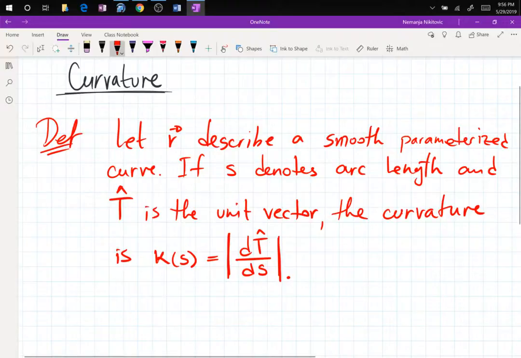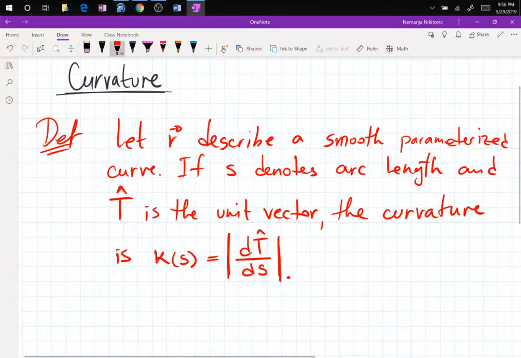So if you take a look at this definition here, it says that the curvature in terms of the arc length is the derivative of the tangent vector with respect to arc length. So the curvature is actually measuring how fast the unit tangent vector is changing with respect to arc length.